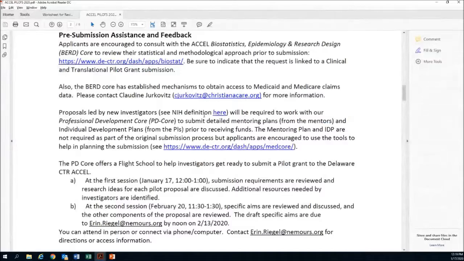I mentioned this, if you're a new investigator, and I can go here if you want to, new investigator, someone who's not received a substantial award before, then you have to interact with us. So Aaron Regal, who's the manager for the PDC, I'm the director, and there's a bunch of other people that support us to get your mentoring plan together and to kind of work out exactly how you're going to work with your mentor.